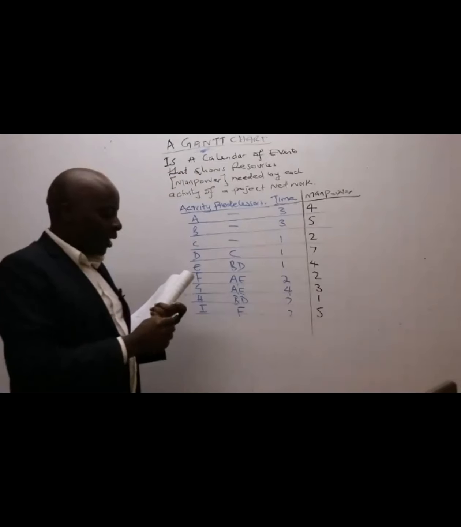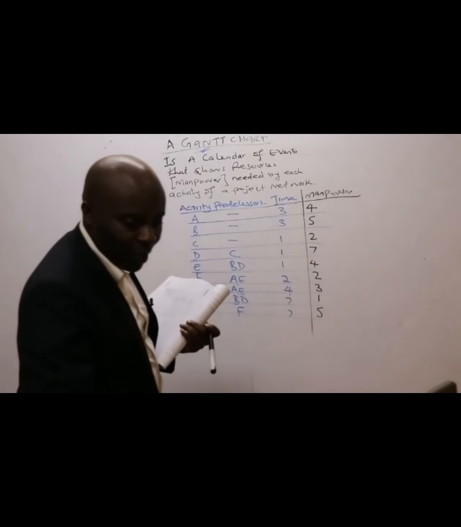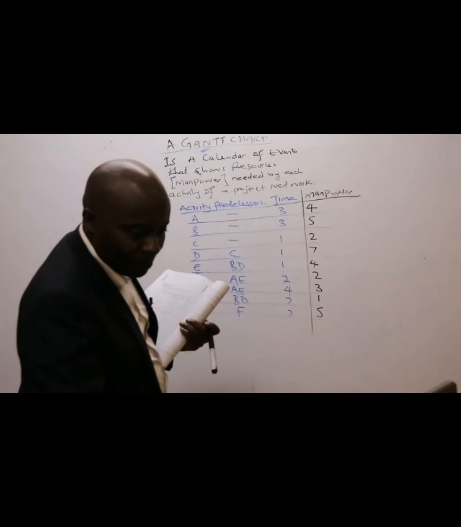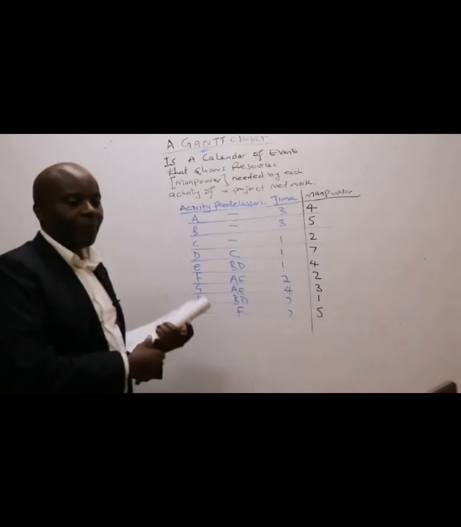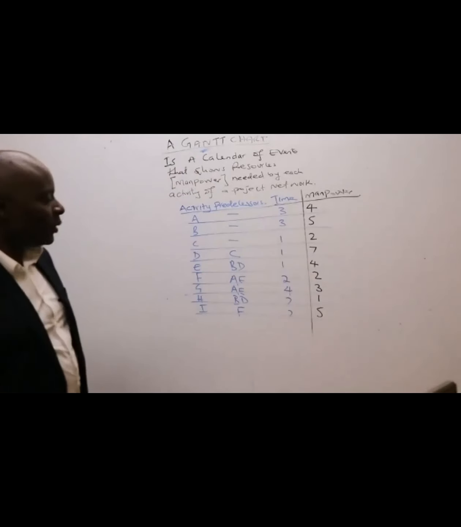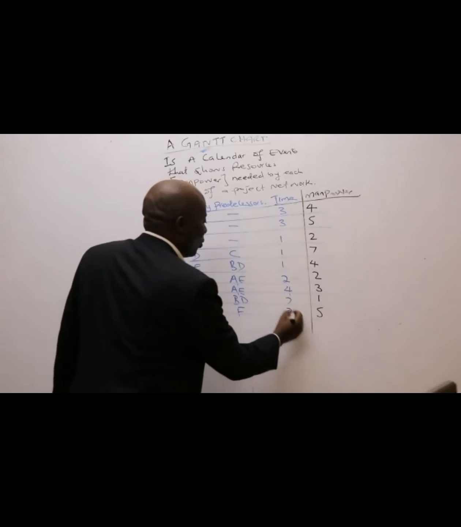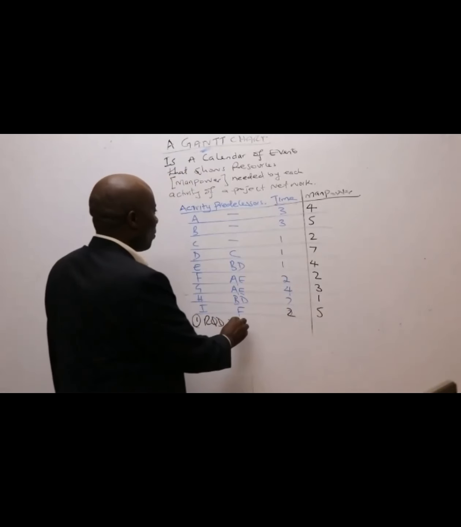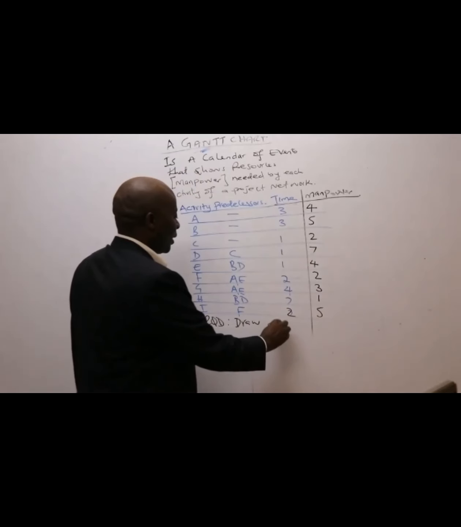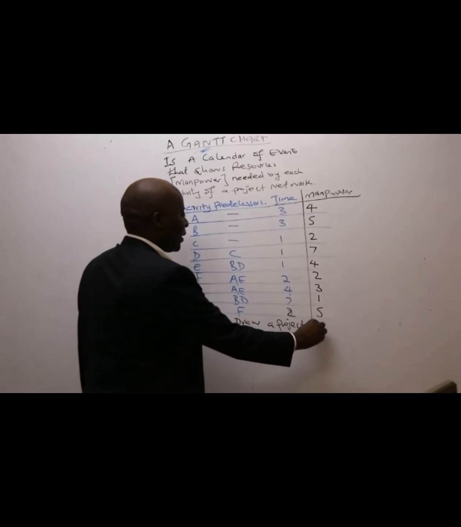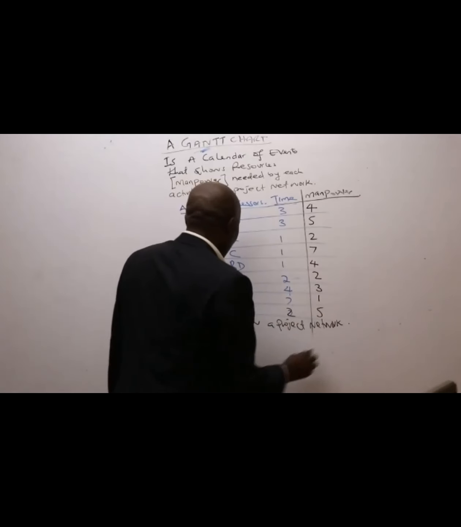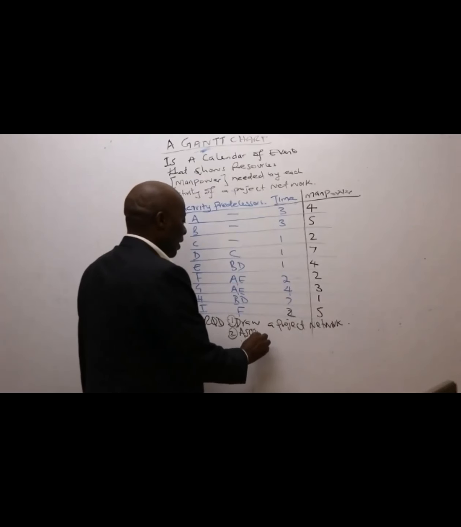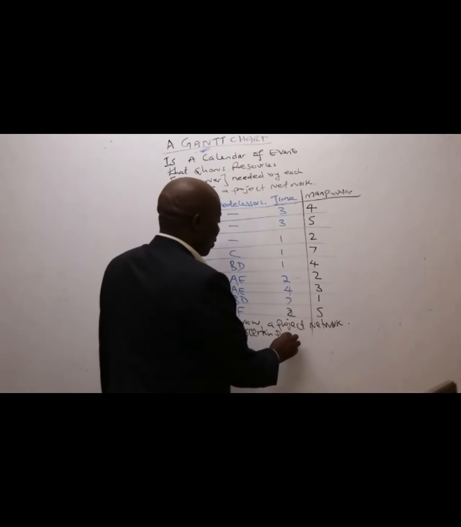So we are required to do something very simple. What are we required to do? Number 1, we are required to draw a project network. Number 2, ascertain the project duration.